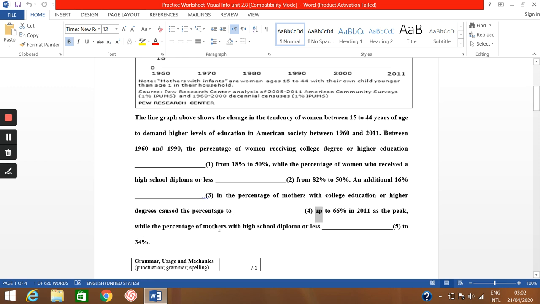While the percentage of mothers with high school diploma or less dashed to 34%. Now, I just want you to think about any clue that can help you to decide whether you need to use a verb or a noun or an adjective or whatever. So what do you think that you can use in the gap here, before to 34%?